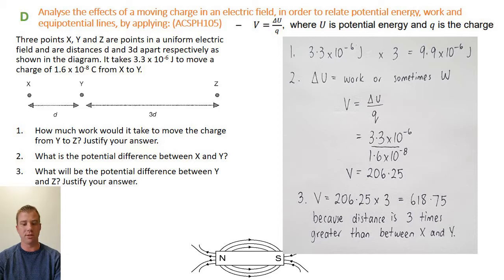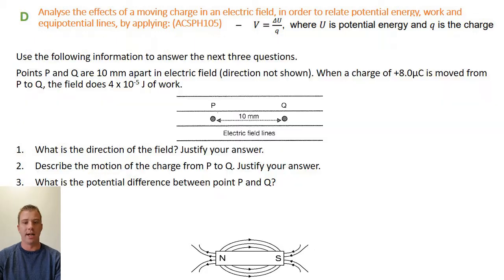Now, what would the potential difference be between Y and Z, and justify your answer? Because the distance is 3 times greater than X and Y, we just times the voltage from the answer to 2 by 3, and you get 618.75 volts.